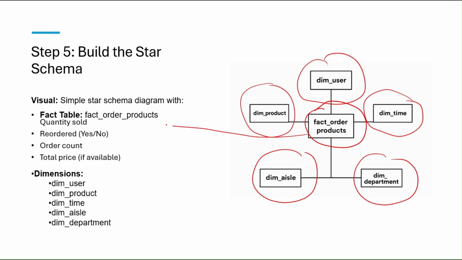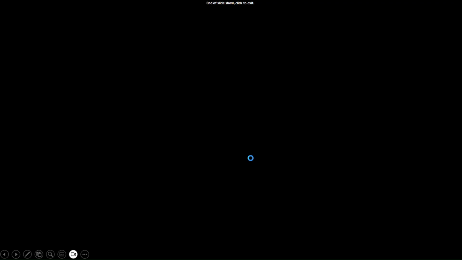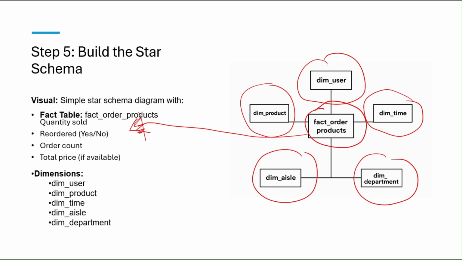These are the facts surrounded by different descriptive things. This is how we build the star schema, and these are the basic things that are needed to construct a dimensional model.